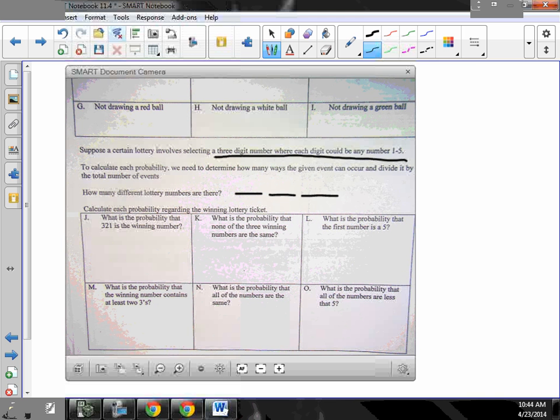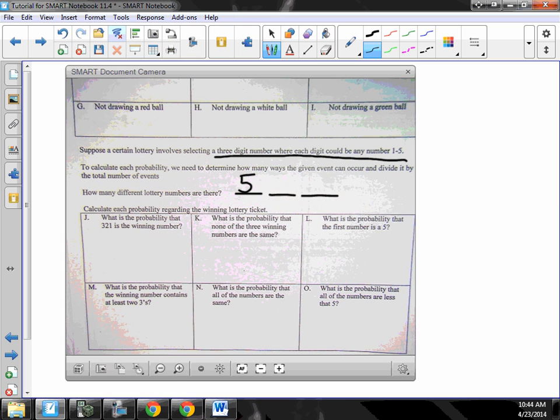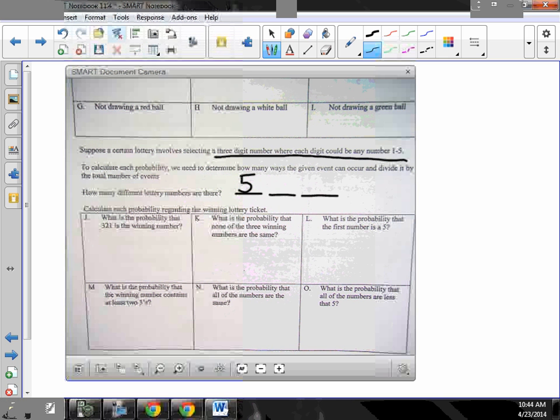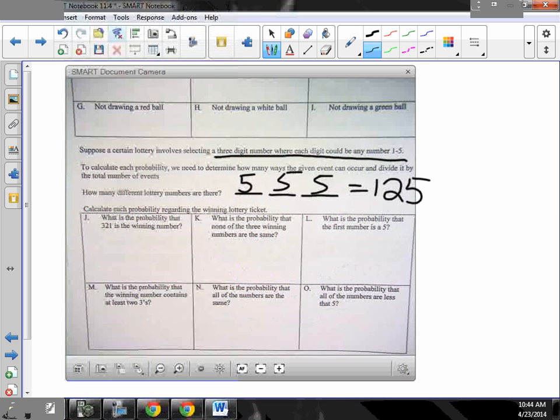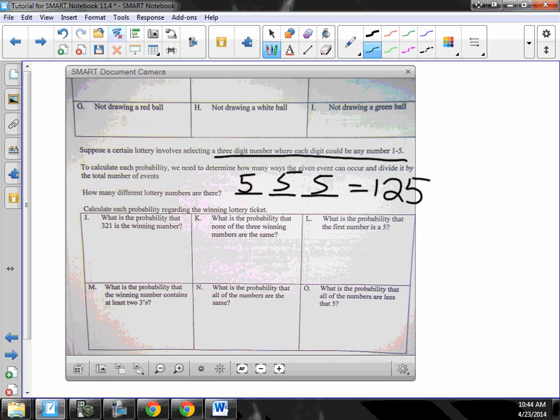How many options are there for digit 1? 5. How many for digit 2? Well, it's with replacement, so I'm allowed to reuse a number, 5 5 5, which is a total of 125. So we're going to divide each of these specific events by the total number of events, 125.